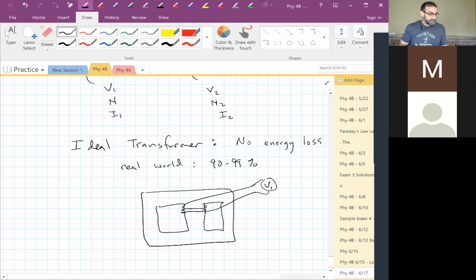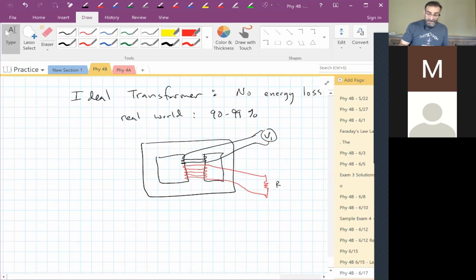So we have V1 being generated here, and then our pickup coil is here. If you stack them like that, then you get very good coupling of the magnetic flux.